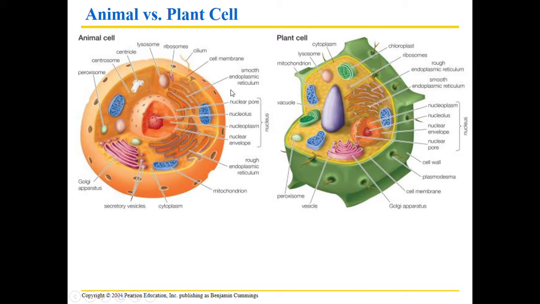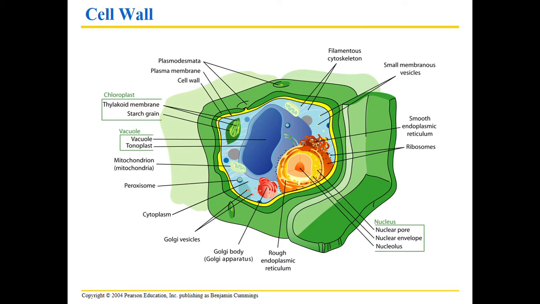And then let's talk about little differences in animal cells and plant cells. Animal cells and plant cells have more similarities than differences, but they do have some pretty big differences. Similarities, they're both eukaryotes and have very similar structures. And where they differ is in the cell wall.